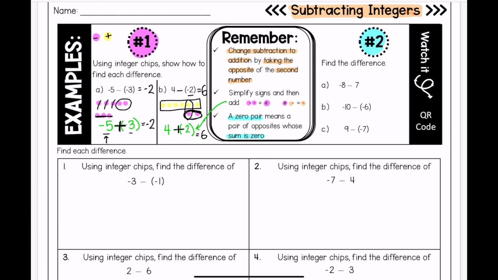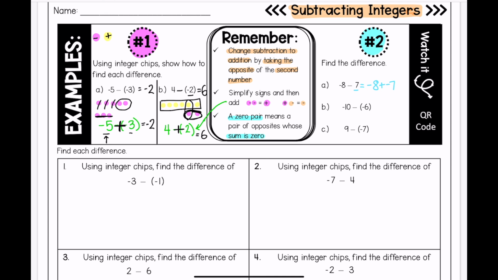I'll practice doing the first way of changing it to addition and then using my addition rules, which are: keep the first number, -8, change the subtraction to addition, and take the opposite of 7, which is -7.